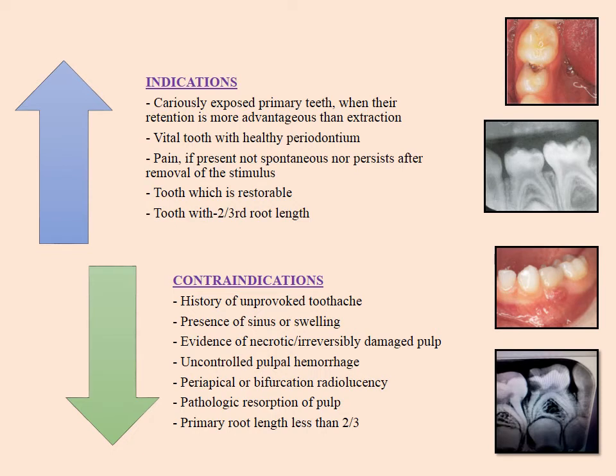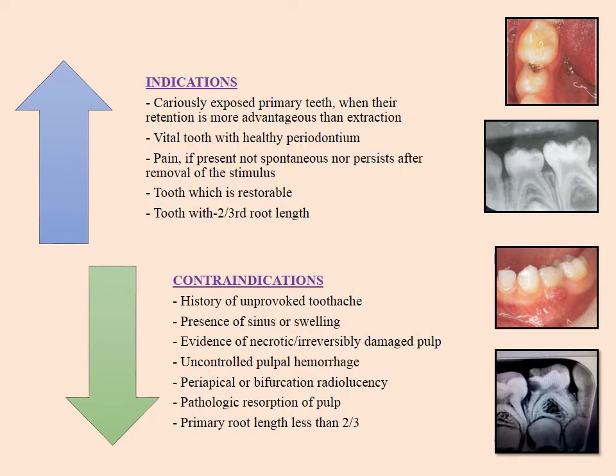So moving on to the contraindications, that is, history of unprovoked toothache. If the patient is giving a history of pain which is unprovoked, then we go for a more extensive treatment than pulpotomy. If there is presence of sinus or swelling, that indicates the infection has reached the root area.